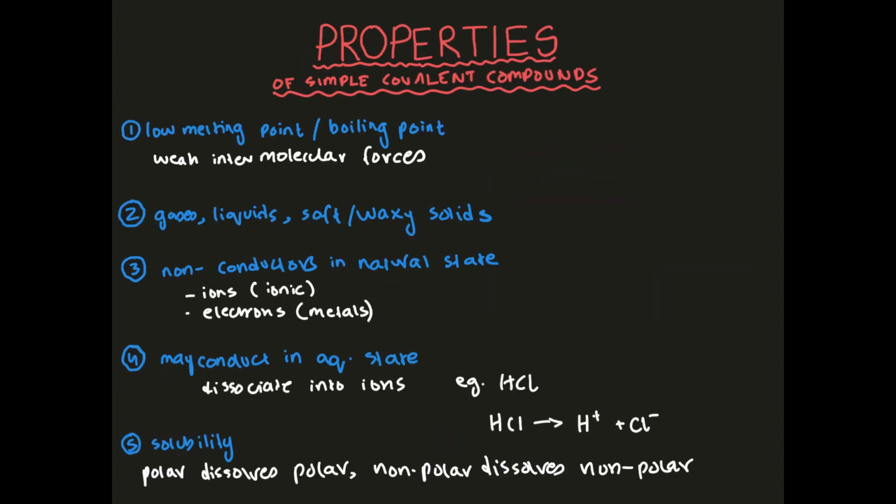The next thing that we're going to be talking about is going to be the properties of simple covalent compounds. So I have a few properties listed down over here. The first one is that they generally have low melting points and boiling points, and this is because they have weak intermolecular forces. This is mainly compared to ionic compounds, which have strong electrostatic forces of attraction.